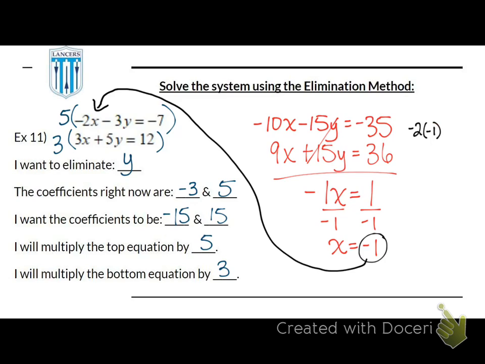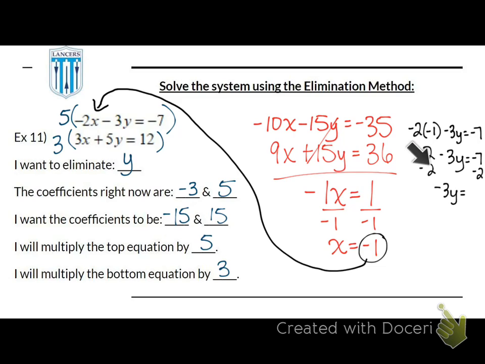I've got to write a little smaller, so I'm running out of space. Okay, -2 times -1 is a +2. Subtract 2, -7 minus 2. Wait, I thought you were supposed to plug it in for y. We got x, so we plugged it in for x.